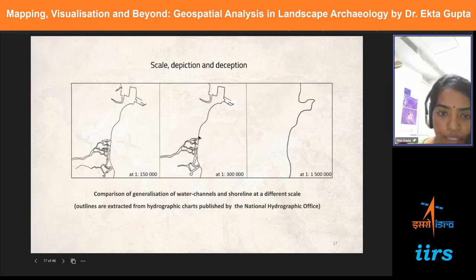And again, the gap between these islands is better here, and the width is different, so it is wider here and narrower here. This is the license a cartographer takes when they work on a different scale. Depending on how much area they have to put their observations on the map, they decide what to include and what not.